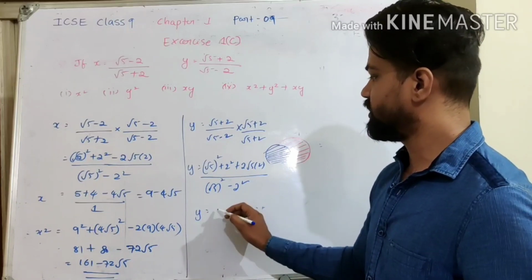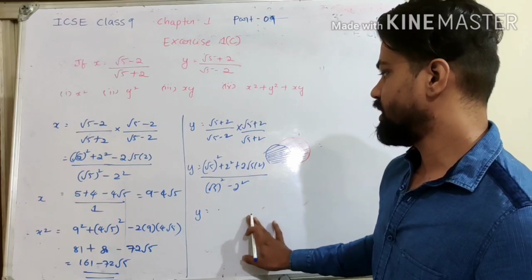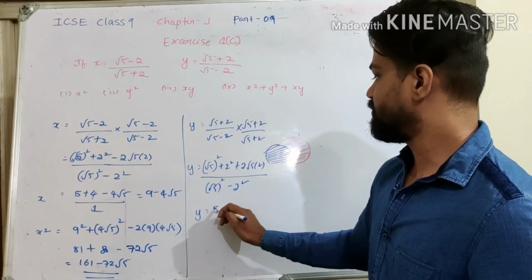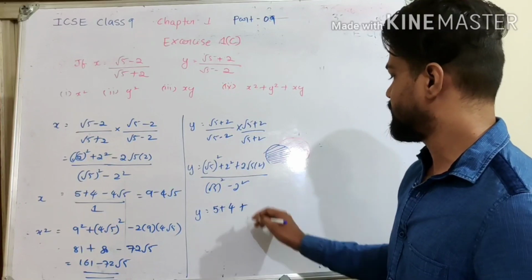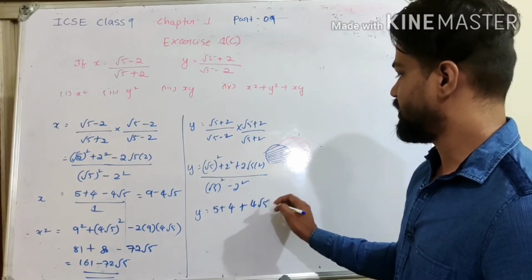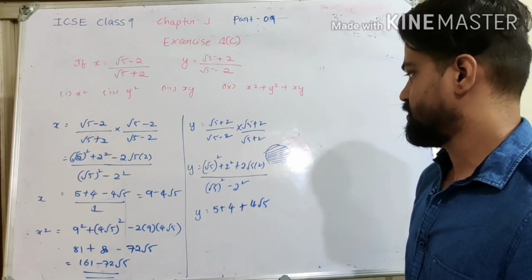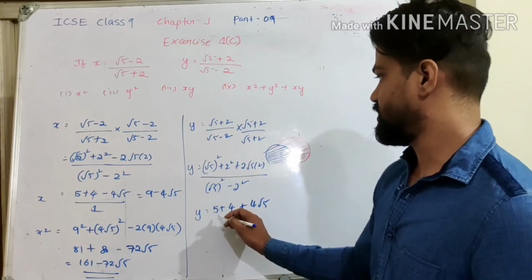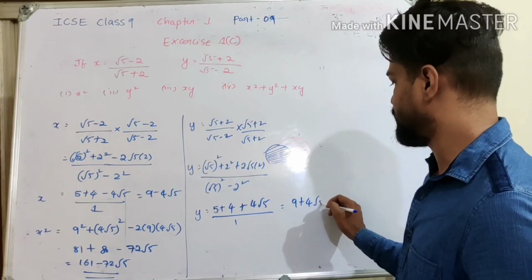So y is equal to 5 plus 4 plus 4 root 5 divided by 1, which is 9 plus 4 root 5.